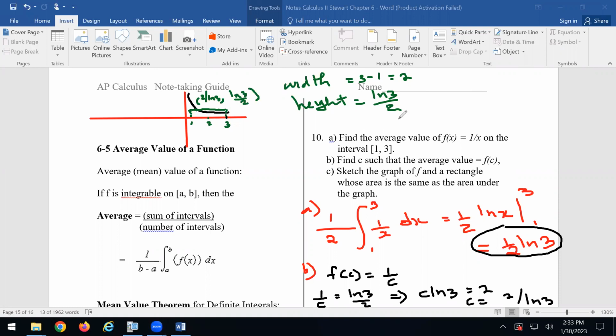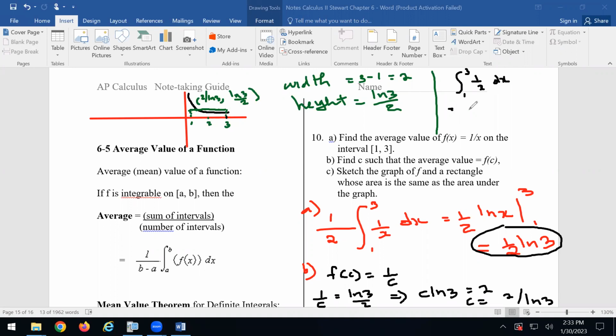Now, another way you could think of this is find the area under this curve here and just force the rectangle to be equal to it. So this is another way that you could do it. How do we find the area under a curve? We would take the integral from 1 to 3, regular area I'm talking about now, of 1 upon x dx, right?